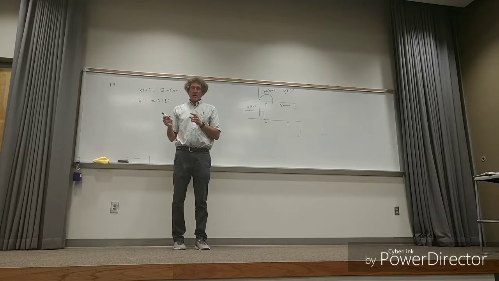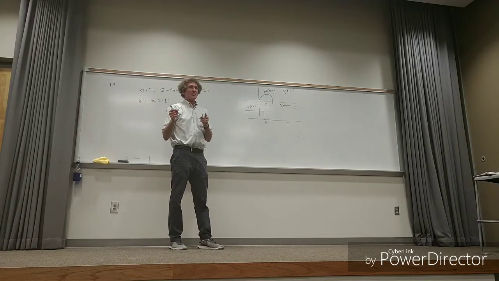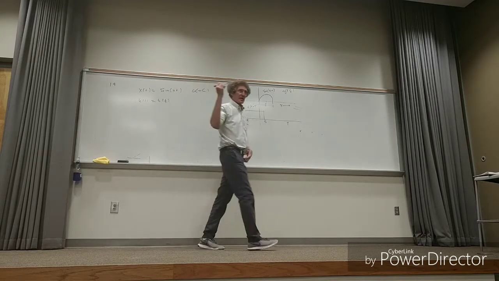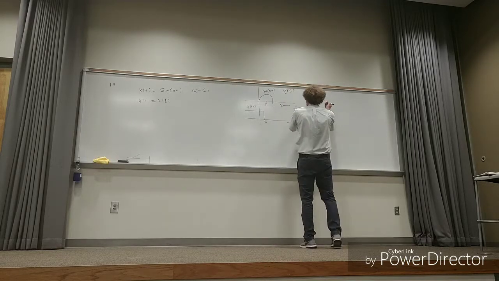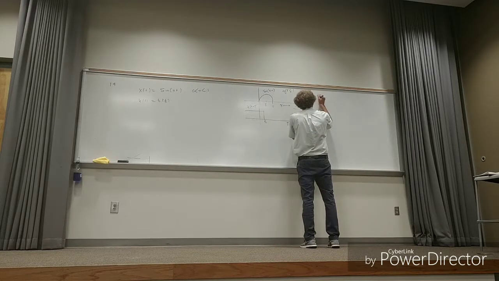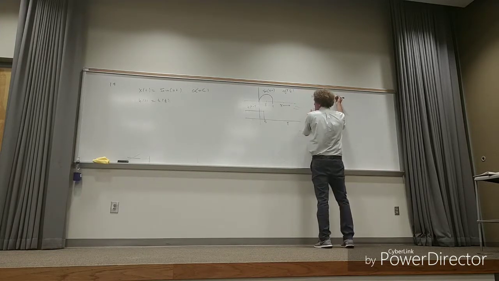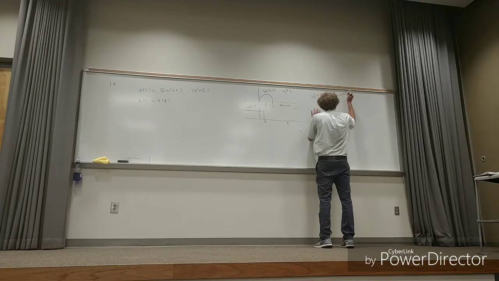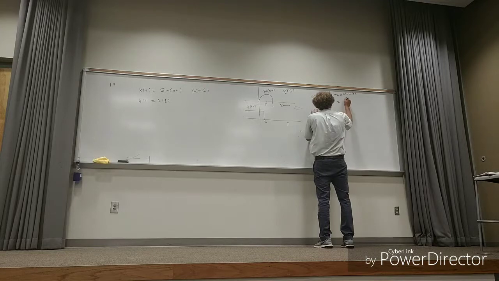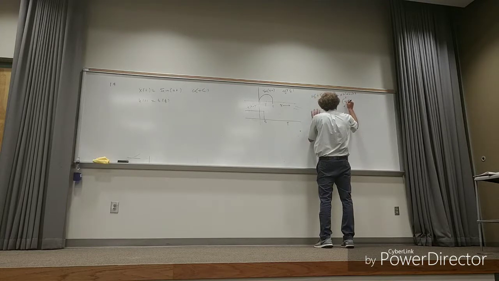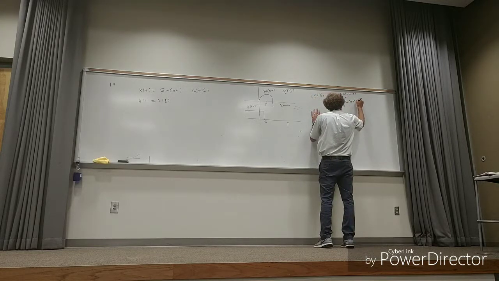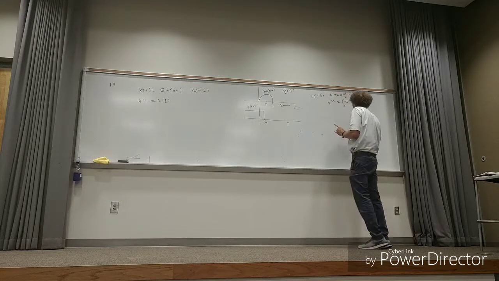Everybody? And if you can't read my writing or I need to write bigger, let me know. I like comments so I can help. So now I can say for t here, greater than or equal to 0, less than or equal to 1, my convolution of these two functions, and I'm just going to say y of t, x of t convolved with h of t, will simply be y of t equals the integral from 0 to t of sine of pi tau d tau, correct?